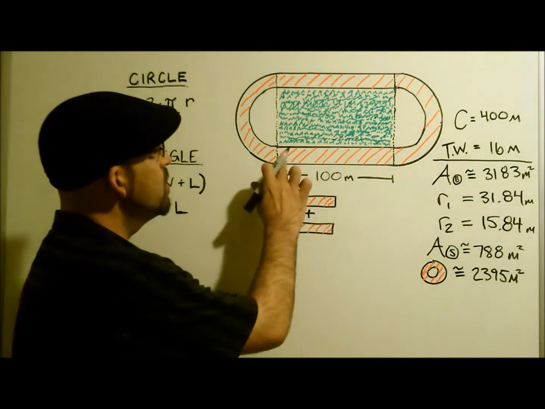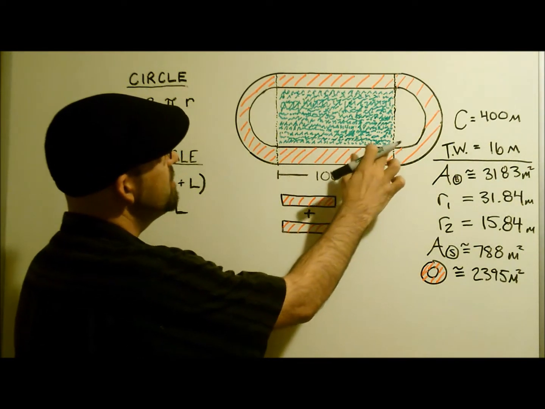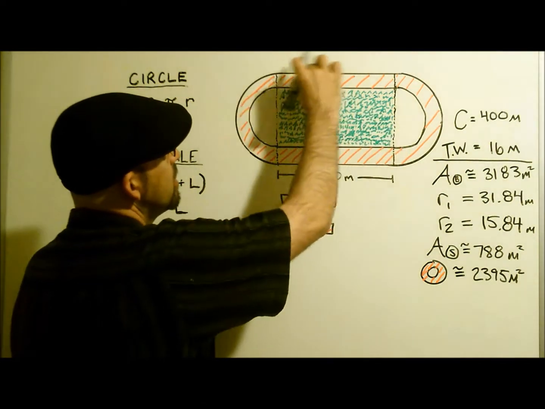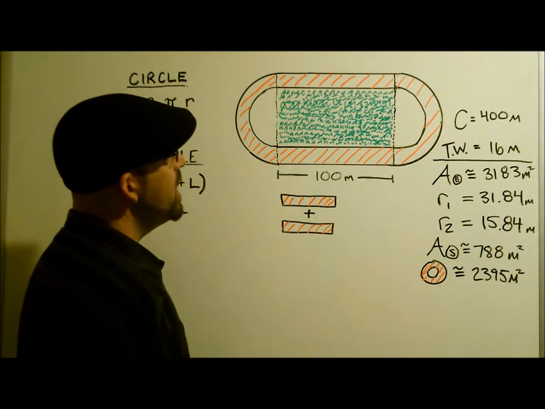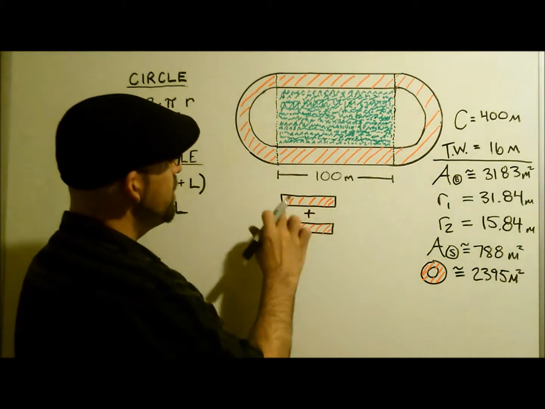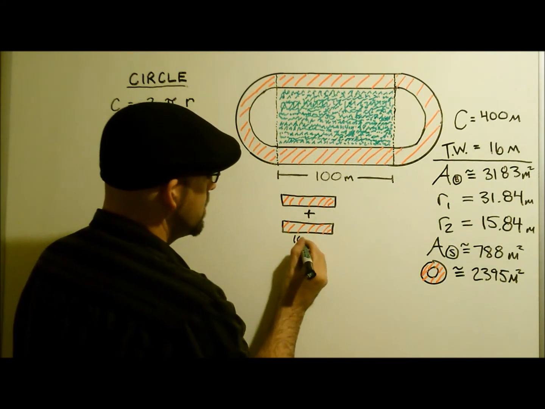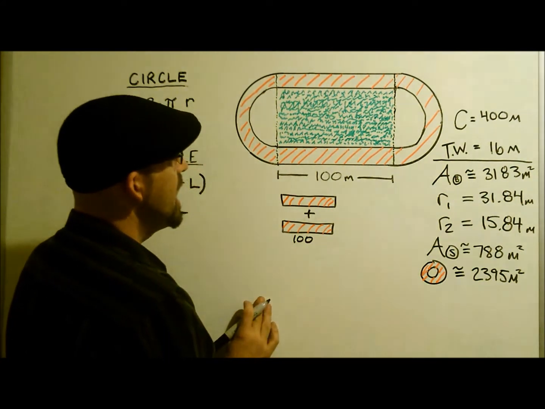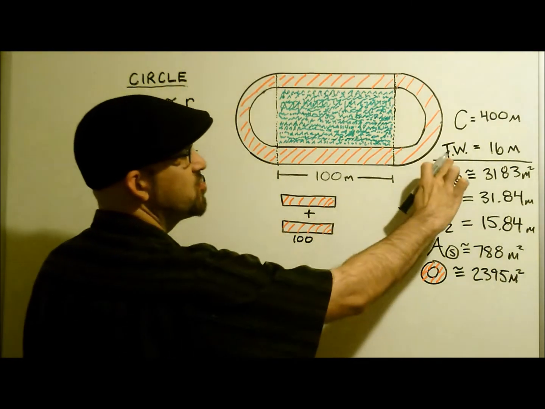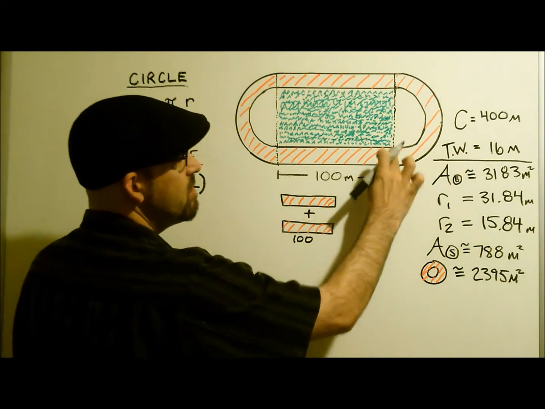Now to get the area of these two different rectangles right here, we have to do some critical thinking. We know that the width right here on the bottom is 100, and we were given the information that the track width right here is 16.